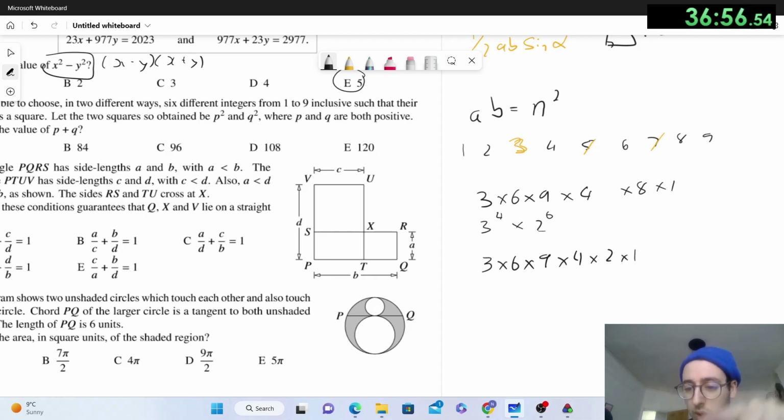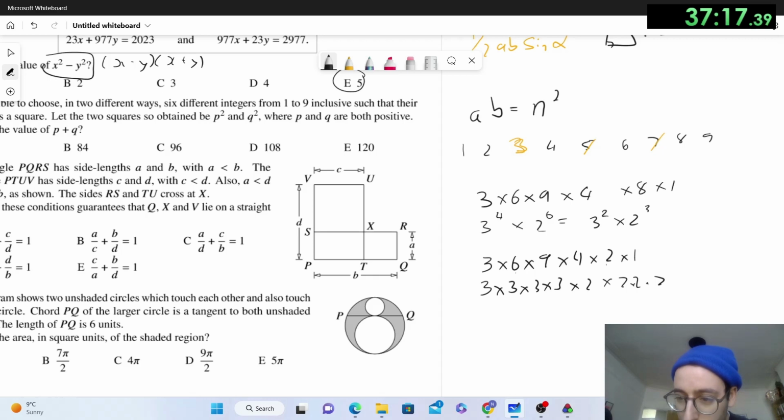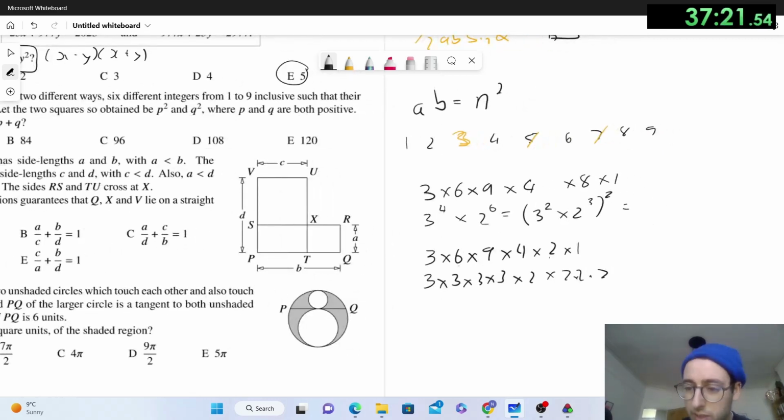That's also a square, because the 2 from here matches with the 2 from here. So we've got basically 3 times 3 times 3 times 3 times 2 times 2 times 2 times 2. Yeah, 2 squares. What's P plus Q? So this is 3 to the power of 4 times 2 to the power of 6, that's P squared.